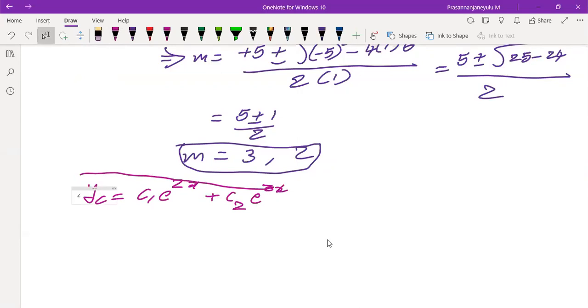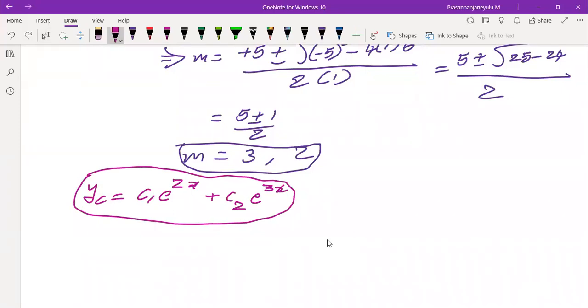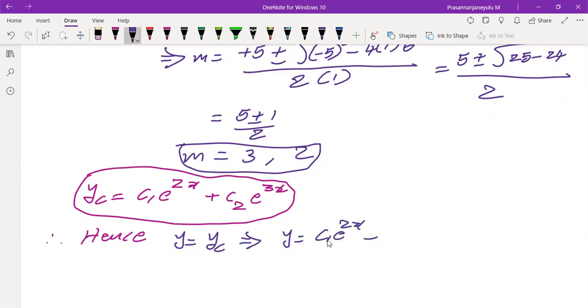You can write in any way, students, okay? Clear? So yc is c1 e power 2x plus c2 e power 3x. Therefore, hence, what is the general solution? y equals yc, that implies y equals c1 e power 2x plus c2 e power 3x.